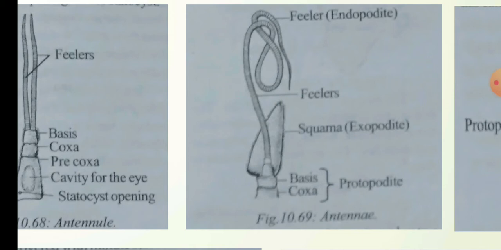The endopodite is modified into a long multi-jointed filament called the flagellum, whereas the exopodite becomes a broad plate-like structure called the squama. This antenna also serves as a tactile organ, for the sense of touch.